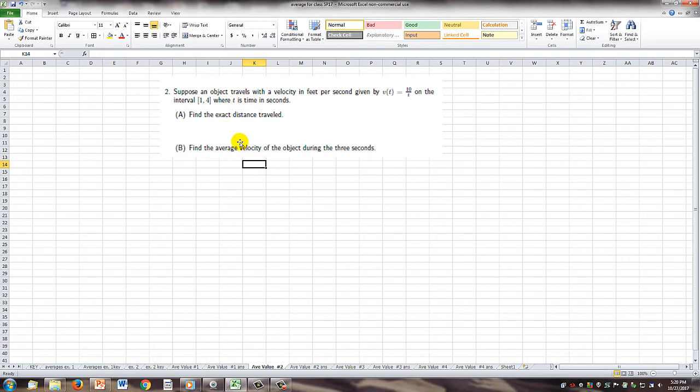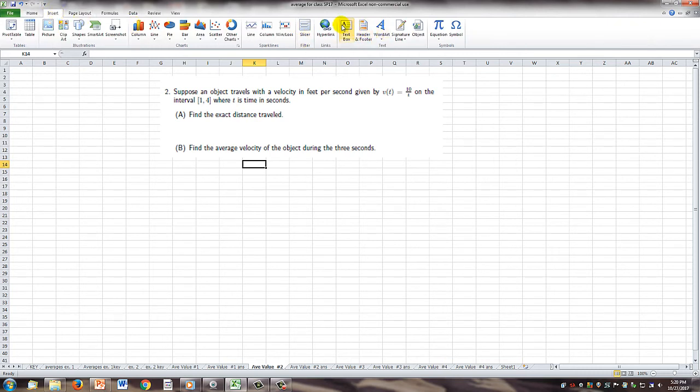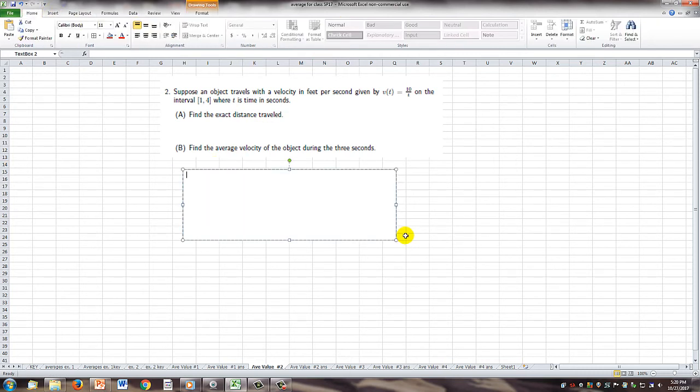I like this question because you're actually going to need to know that you have to create a second function. And so we have to remember this: the first derivative of a distance function is velocity, and the second derivative of a distance function is acceleration.